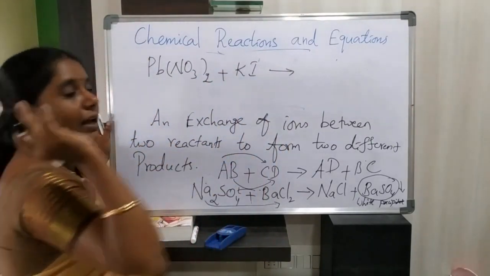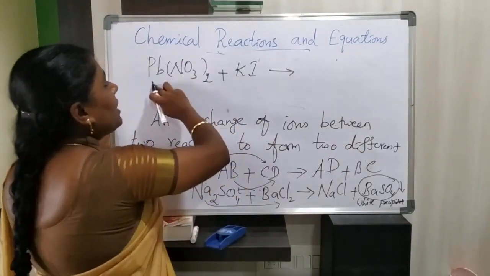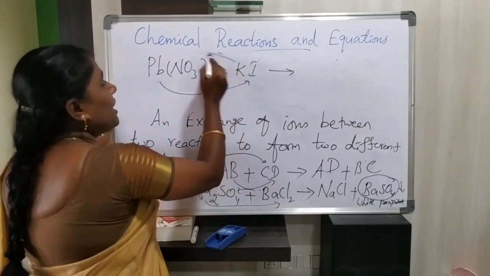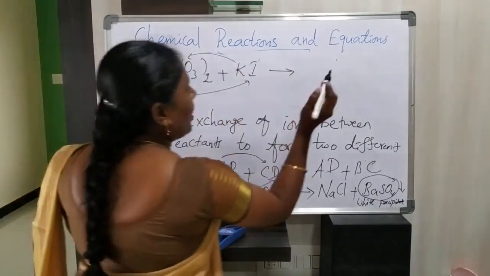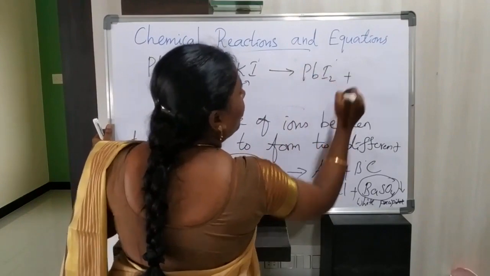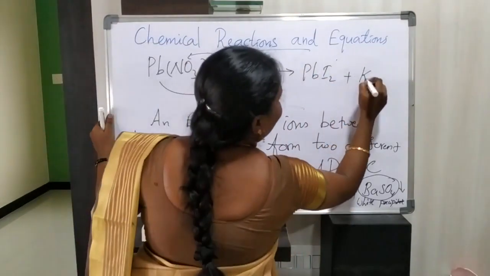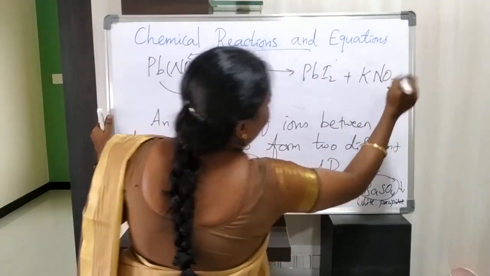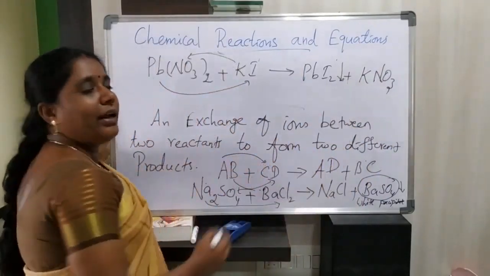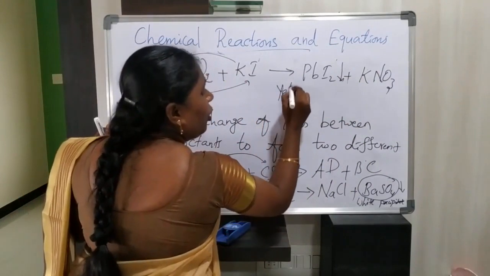And potassium iodide is KI. Here, the lead combines with iodine and potassium combines with nitrate. So it forms lead iodide and potassium nitrate. Here the lead iodide is formed as a yellow precipitate.